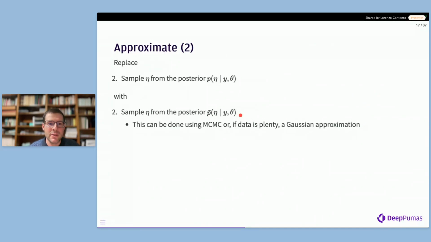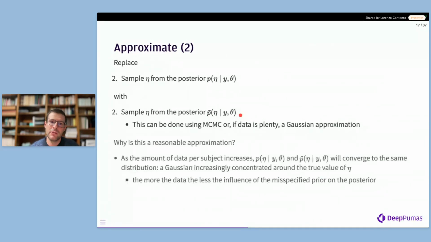So why is this reasonable? In the limit, as the number of data points per subject goes to infinity, we will observe that these distributions in general will converge to the same distribution. So as data per subject increases, the influence of the misspecified prior will become less and less.